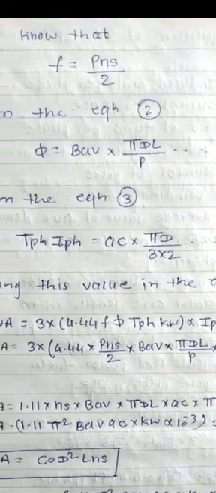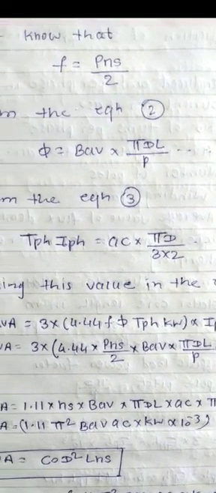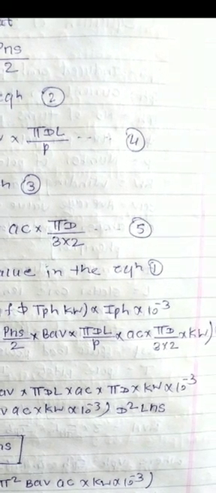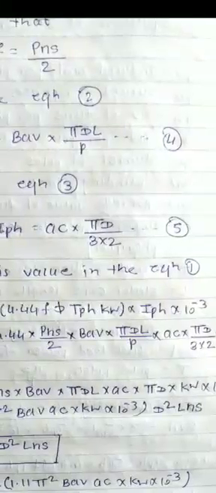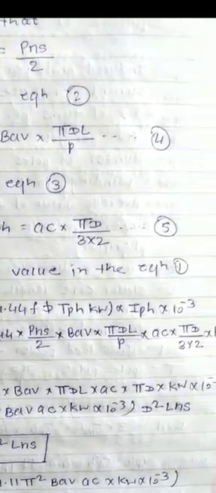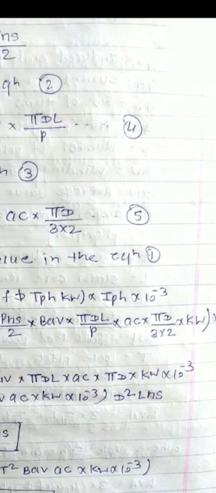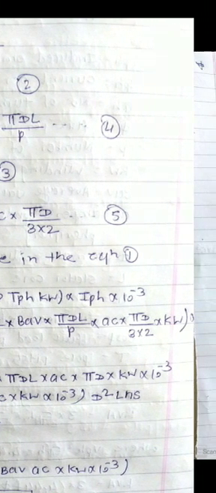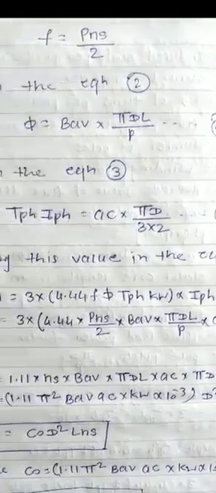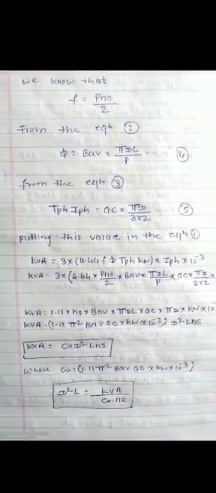Again put the value of phi, which is nothing but B average into pi D L divided by P. Again put the value of TPH IPH, and that value is AC into pi D divided by 3 into 2, into kW) into 10 raised to minus 3. So simplify that equation.